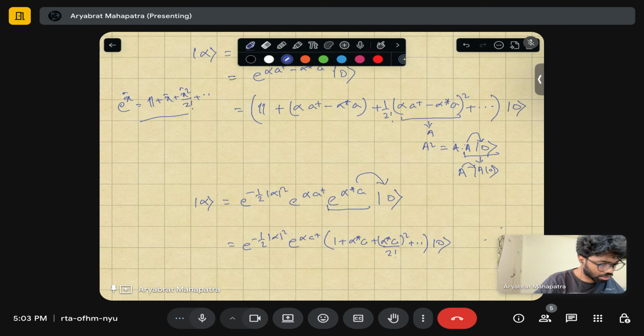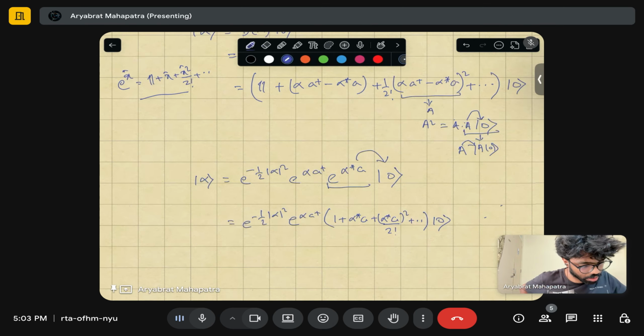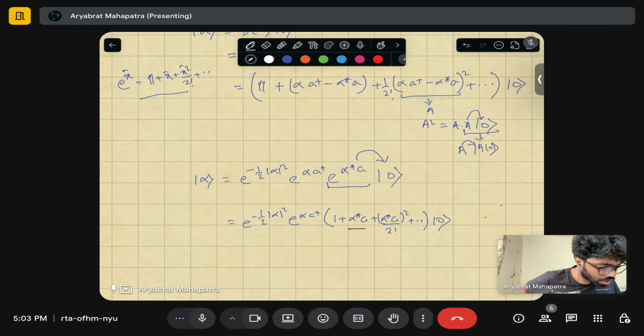You see carefully, in this factor in the bracket, every term, if you operate it on 0, will give you 0.